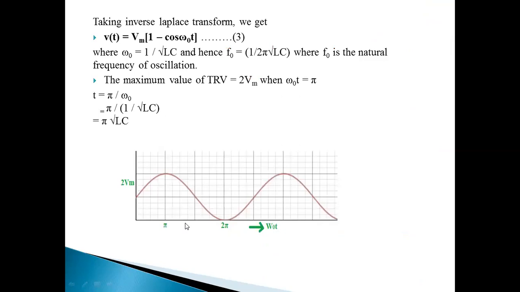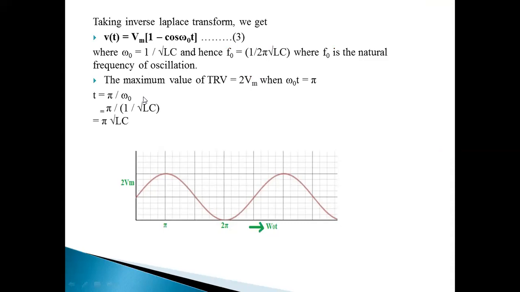Now we take the inverse Laplace, and we get V of t is equal to Vm into bracket 1 minus cos of omega 0 t, where omega 0 is 1 upon root LC, and f0 we can write as 1 divided by 2 pi root LC.